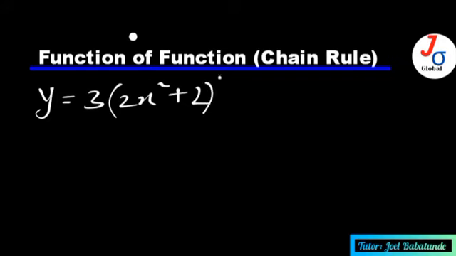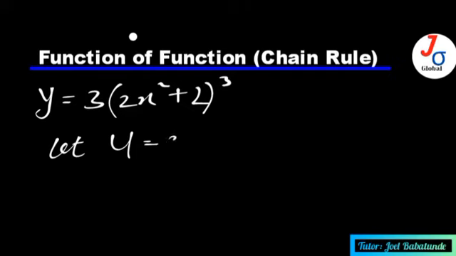Alright, so we have another example. y equals 3 into (2x squared plus 2) all to the power of 3. Now, using the chain rule, what should you do? Use your u. Let u equal the one inside the bracket.